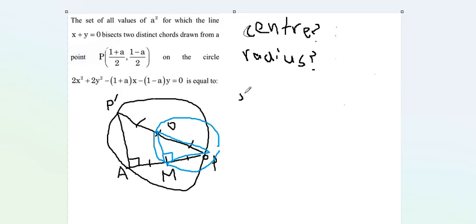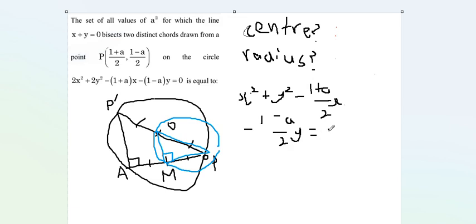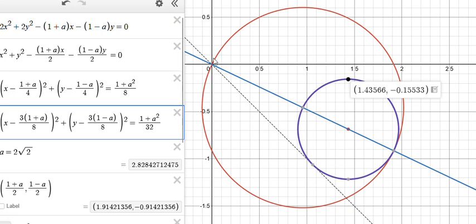So that's x squared plus y squared minus ((1 plus a)/2)x minus ((1 minus a)/2)y equals 0. Excuse my handwriting here. And it turns out when we put this into standard form, we get this equation over here.